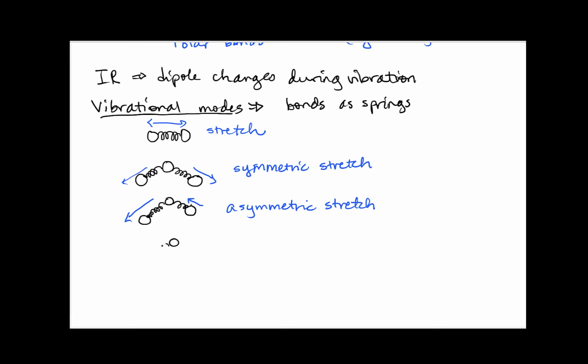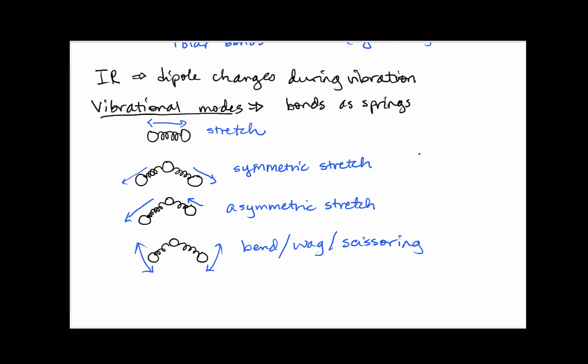The other way that we can have these bonds vibrate is that we can have them start to bend. And there's actually kind of two different ways that we talk about these bending, but they tend to all have the same energy. So sometimes we'll call this bending, sometimes we'll call it wagging, sometimes we'll call it scissoring, and there are some slight differences in how we talk about each of these, but we aren't going to worry about the subtleties for this class.